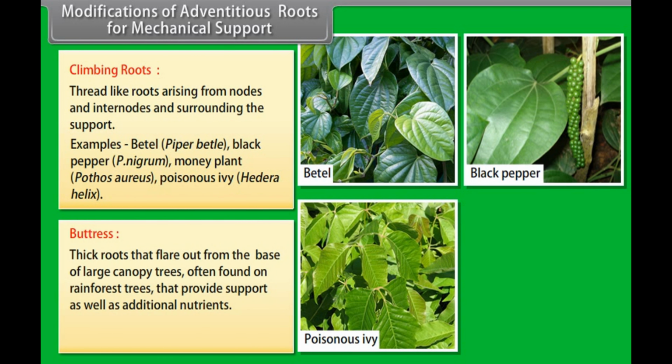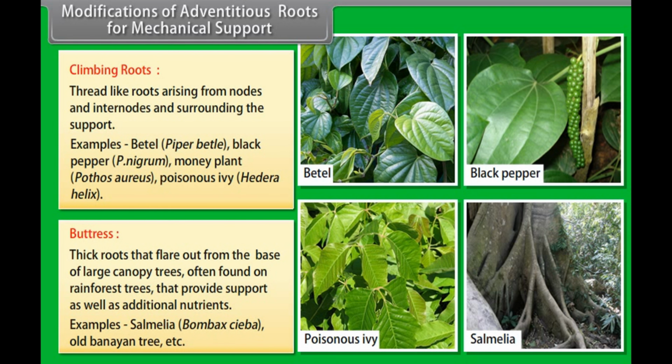Buttress roots: thick roots that flare out from the base of large canopy trees, often found on rainforest trees, that provide support as well as additional nutrients. Examples: Salmalia, old banyan tree, etc. Contractile roots: roots having wrinkles and can shrink.